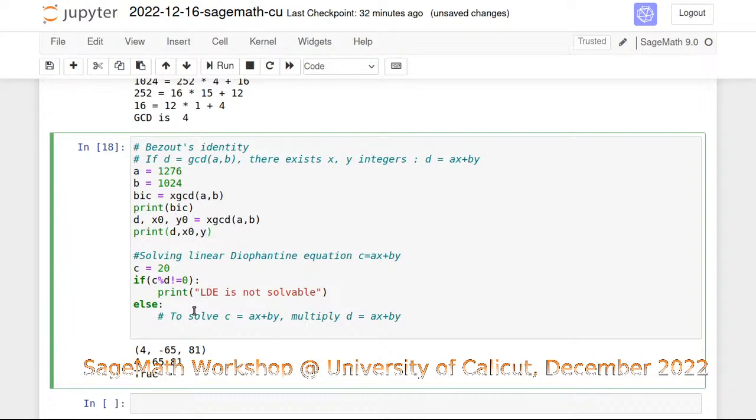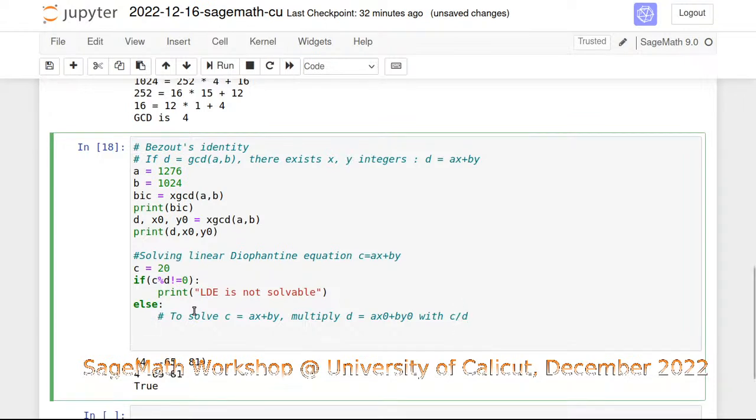Multiply D is equal to A x naught plus B y naught with C by D. That's one solution.